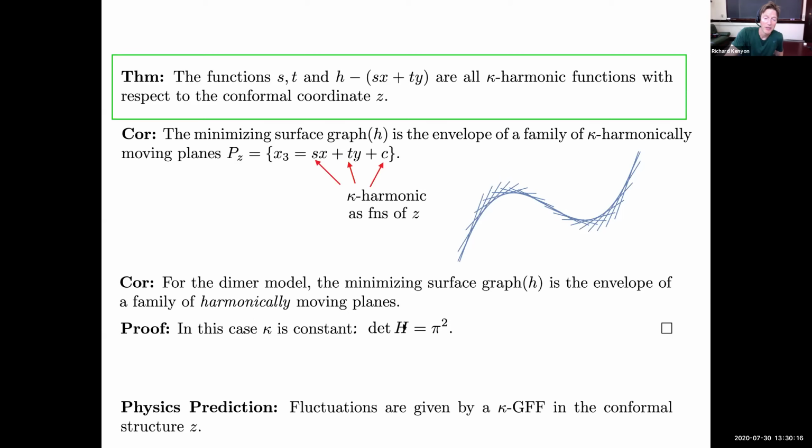And because the Hessian determinant is constant, kappa is constant, and therefore the kappa harmonic function is just a true harmonic function of Z. So the minimizing surface graph of H is the envelope of a family of harmonically moving planes, harmonically in the usual sense.